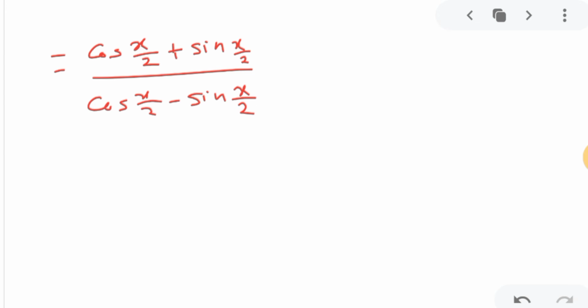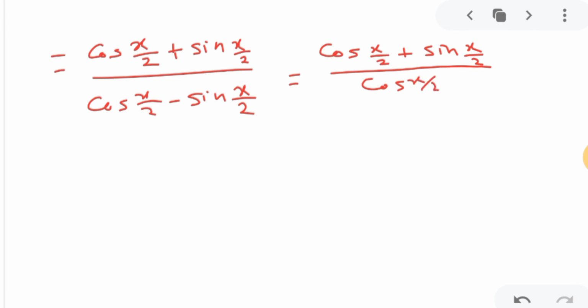So how can I do this? We will divide by cos x upon 2 in the numerator and by cos x upon 2 in the denominator. The numerator is cos x upon 2 plus sin x upon 2, divided by cos x upon 2, and the denominator is cos x upon 2 minus sin x upon 2, divided by cos x upon 2. Why am I dividing?